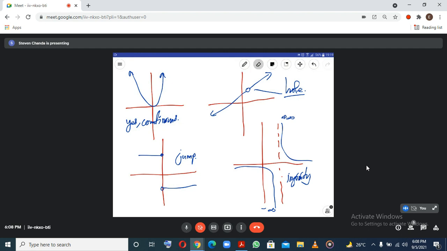We would have maybe a function which was like this, and then something like that, and something like that. I'm just giving an example, and then we would write that and that.